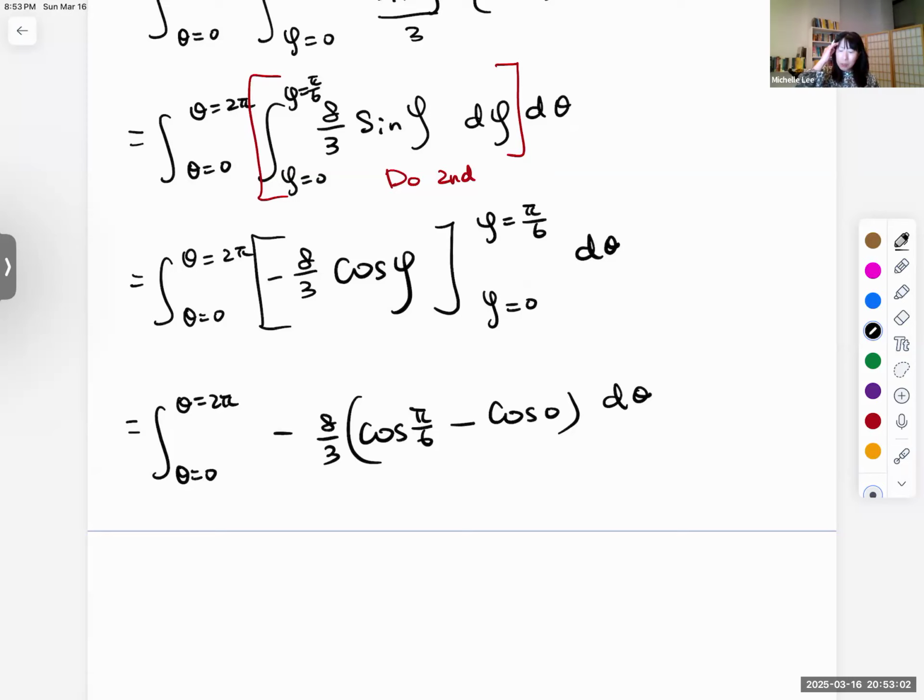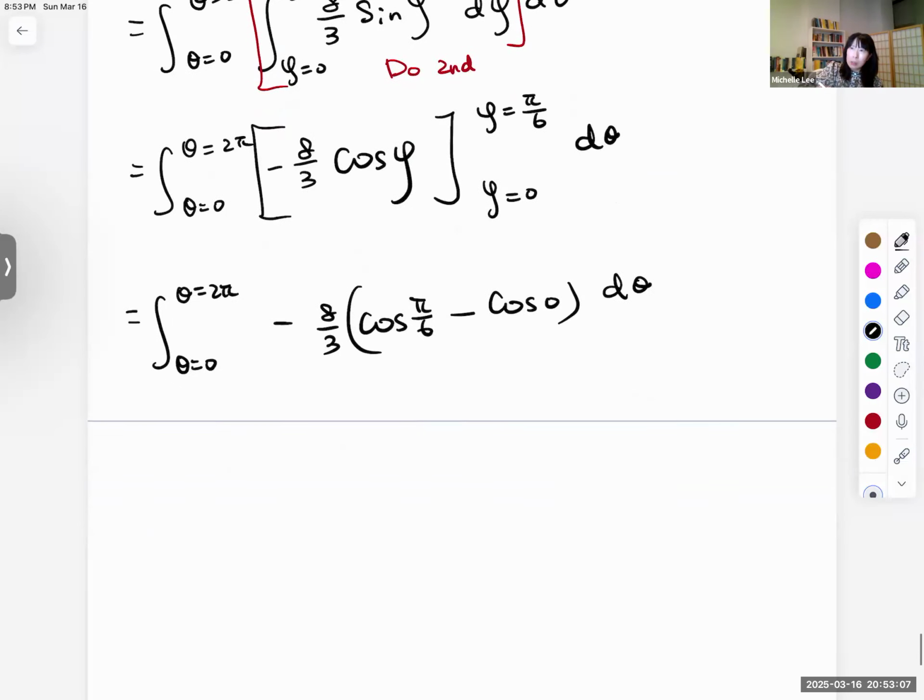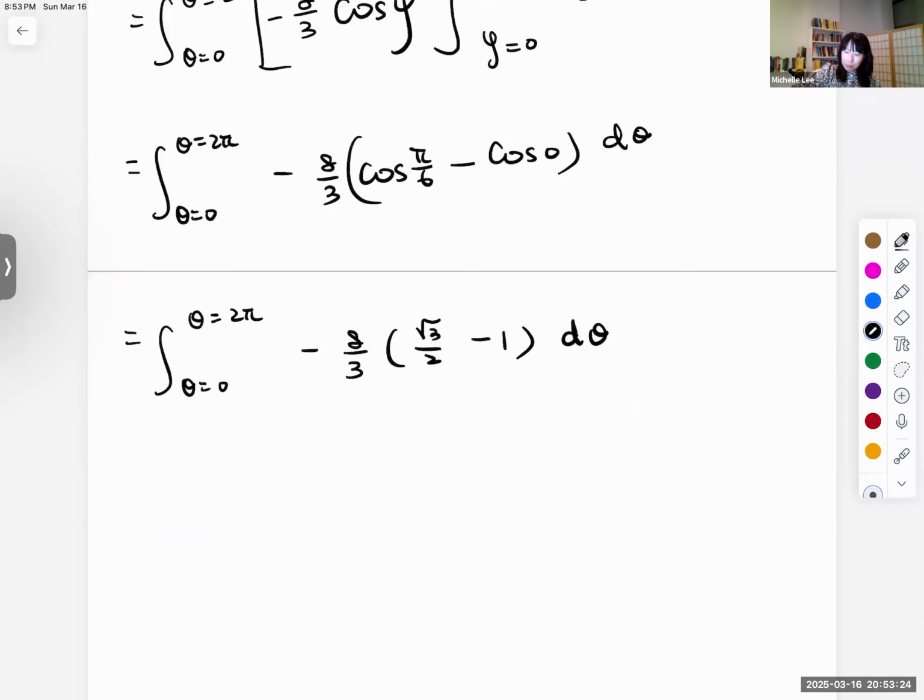Okay, so what is cosine pi over 6? What is cosine 0? So that will be theta from 0 to 2 pi, negative 8 over 3 times cosine pi over 6, which is square root of 3 over 2, minus cosine 0, which is 1. Now let's calculate by decimals.